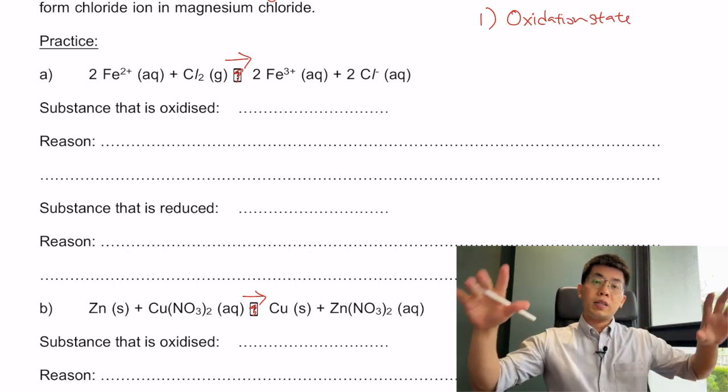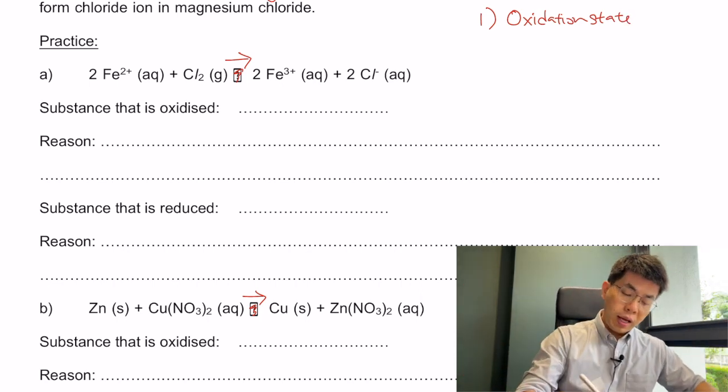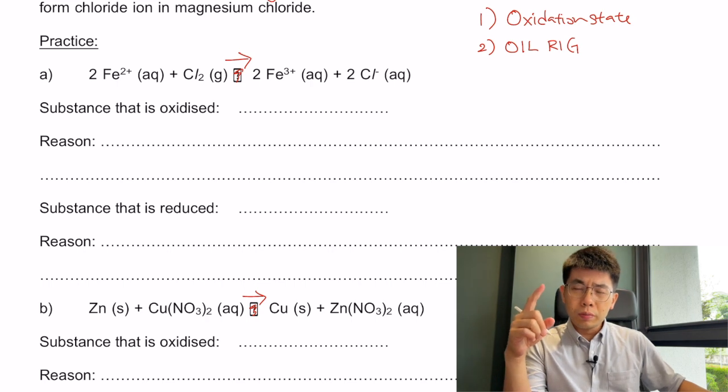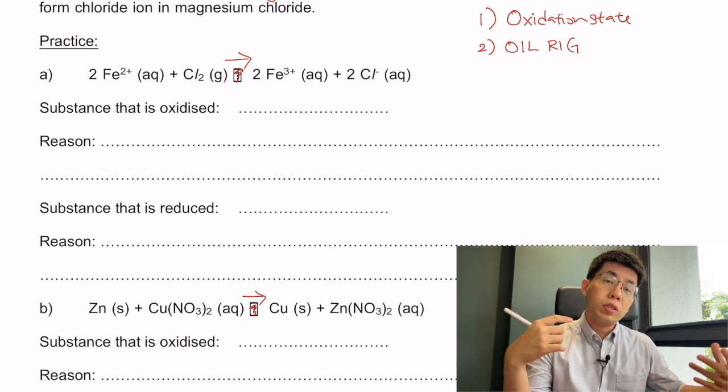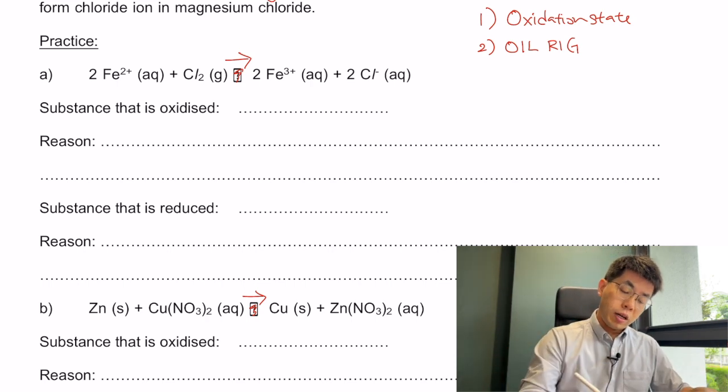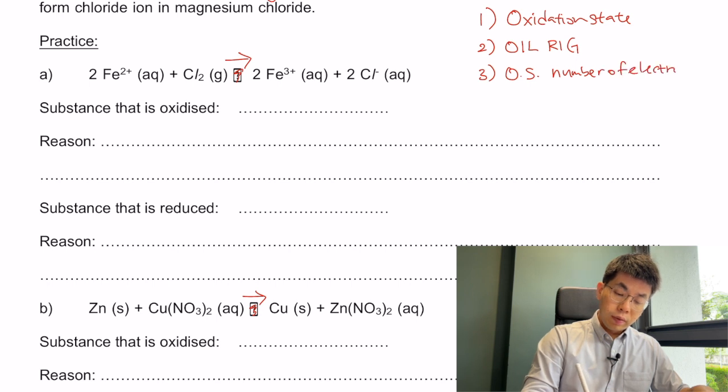Then we will use OIL RIG to determine whether electrons are gained or lost. After that, we must remember to use oxidation state again to determine the number of electrons. And finally, remember to use the word each.